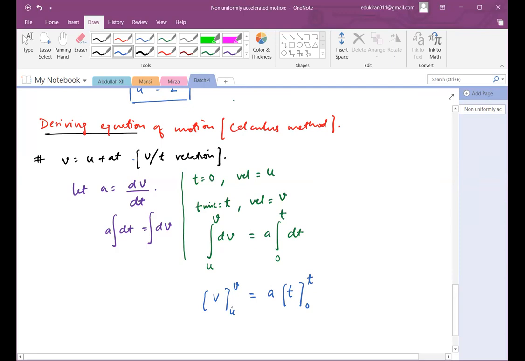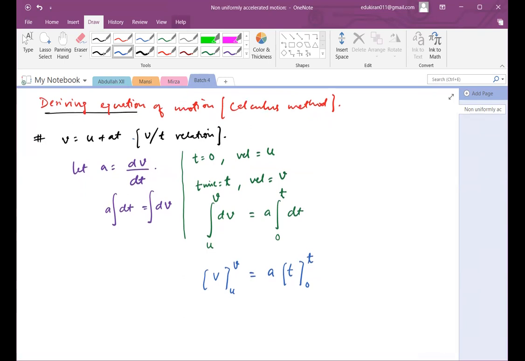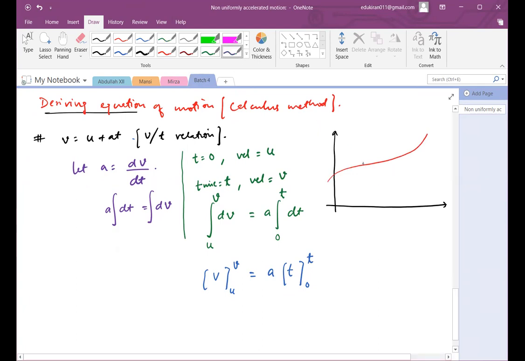I'm defining what this particular limit means using a graph. Integration simply defines the area under the graph. So suppose you have a curve like this, in which the first limit is this point and the next limit is this point. It means you have to calculate the area between these two intervals.